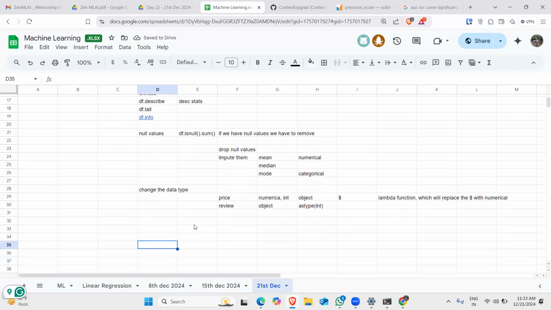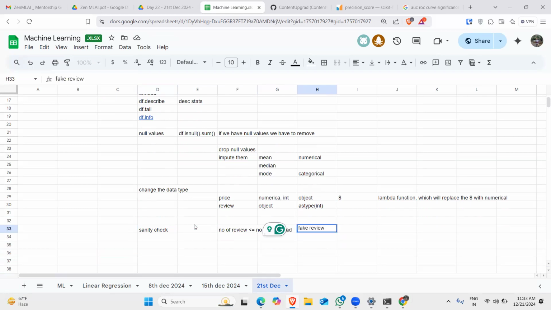Then we have to do sanity checks, meaning that the number of reviews should be less than or equal to the number of downloads. Only one review is possible per download of the application. So if reviews are higher than downloads, it is a fake review.